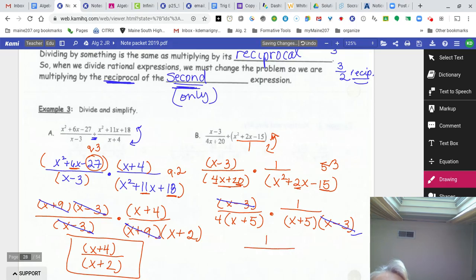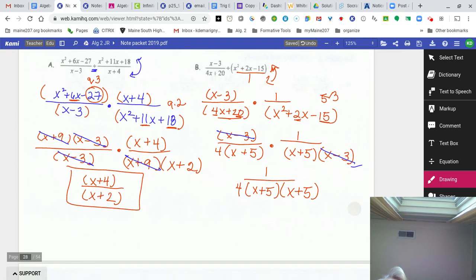And at the bottom, I have a 4, and I have an x plus 5, and another x plus 5. Now, if you are going to take your SAT this year, this is one of their favorite things to ask you. They want to make sure that you understand that if you have 2 of these, that you can write it like this. And therefore, this is now my solution.